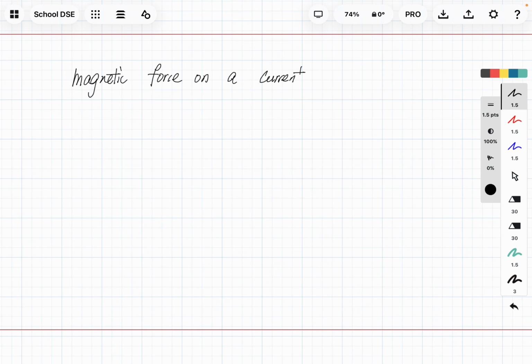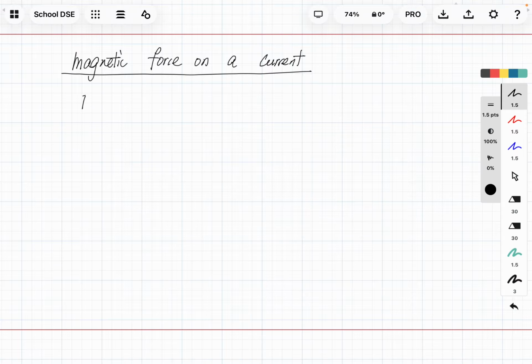So when you have a particle that is positive, then you can just connect the direction of the velocity of this positive charge to the middle finger.